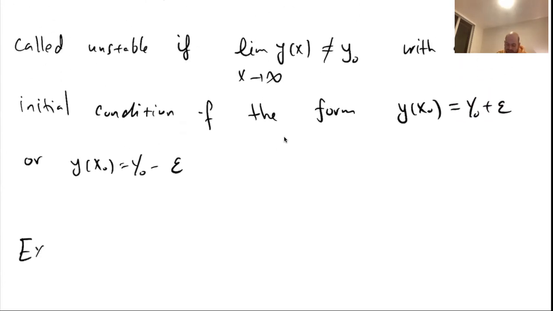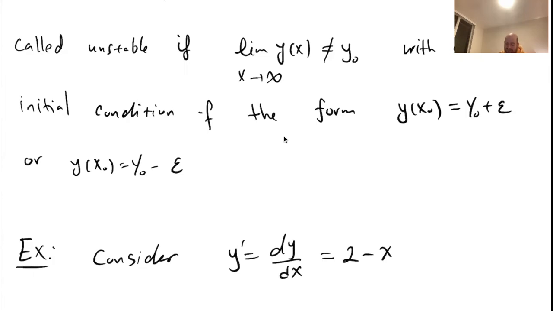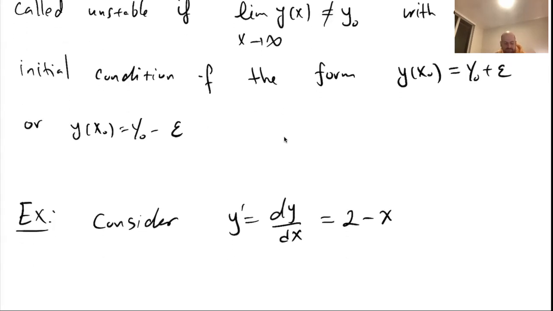For example, let's say we can consider y prime equals dy over dx equals, let's say, 2 minus y, sorry, 2 minus y.